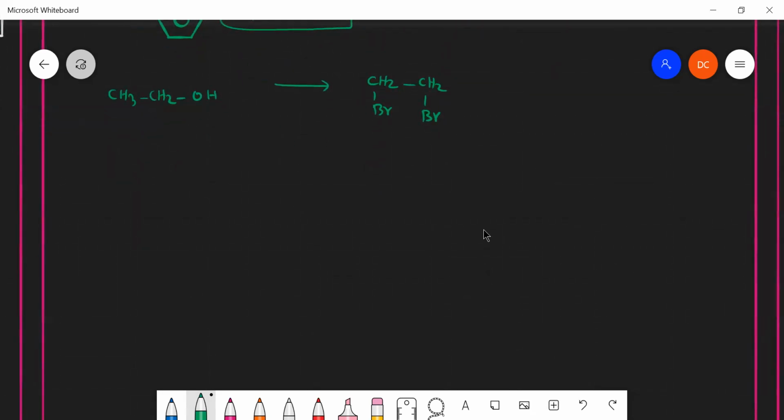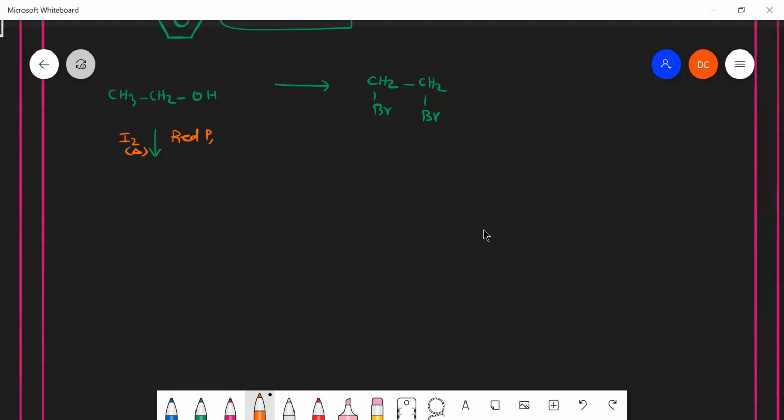First of all, we have to convert this into an alkyl halide. How can we do this? We can react with PCl3, PCl5, or SOCl2. Sometimes in question papers these kinds of reagents will be given: red phosphorus and iodine with heat.